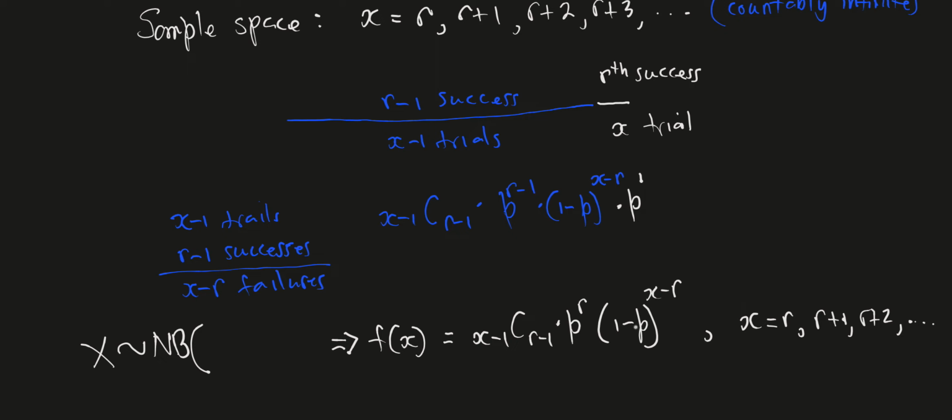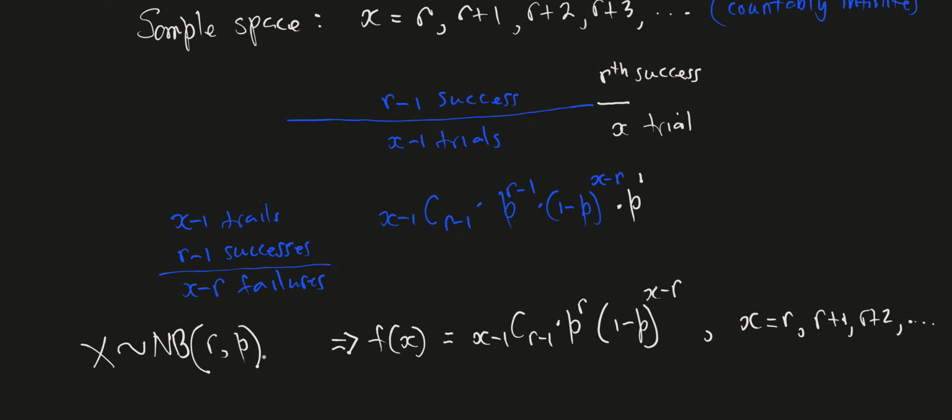It's your r that's fixed because that's the number of successes you want to observe, and then your p is the probability of success on any given trial. So the parameters now are r and p.